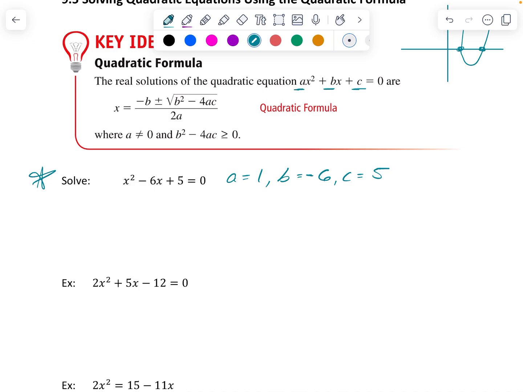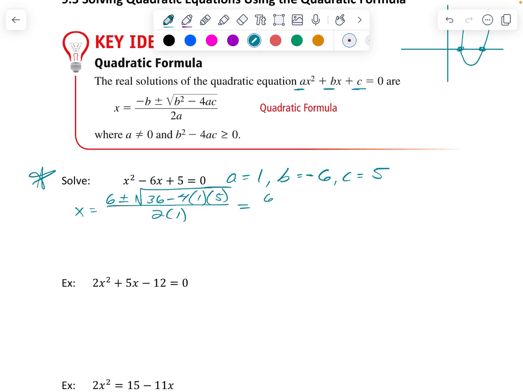So in our formula, I'm not going to rewrite it. We've got it up, but I'll say it. x equals opposite of b plus or minus the square root of b squared. So I'm just going to write 36 minus 4ac all over 2a. So there we go.